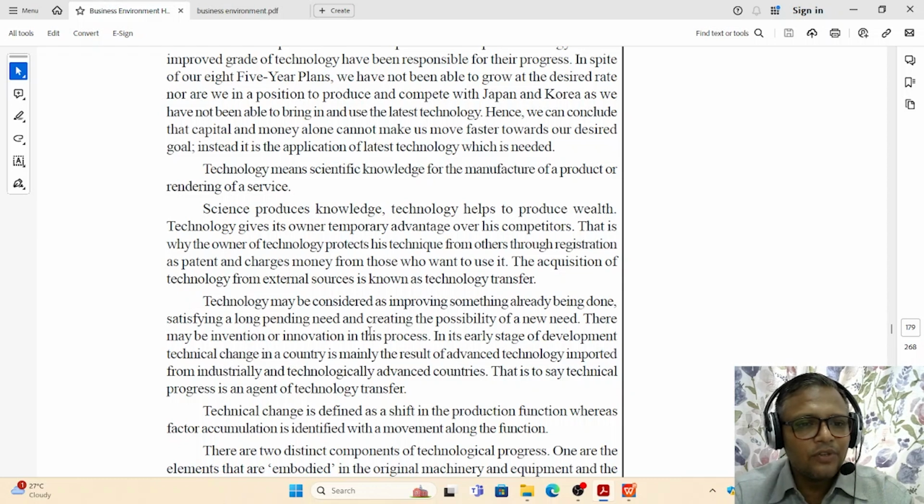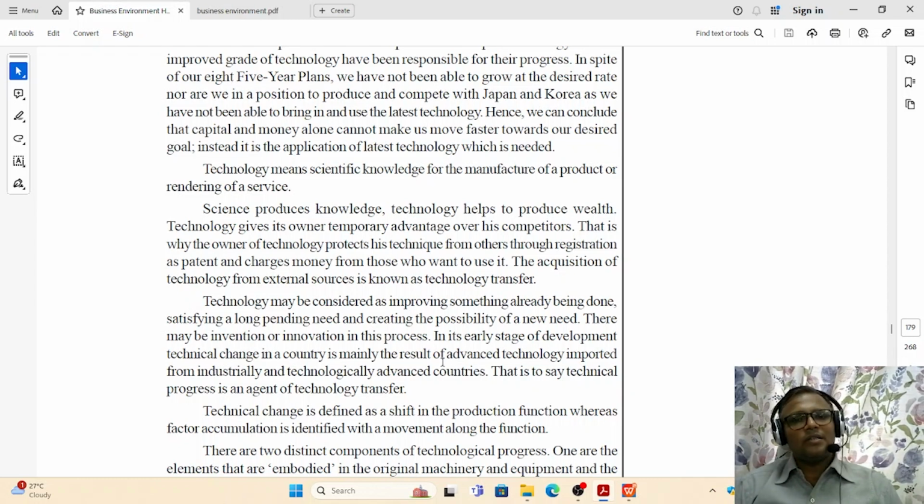The acquisition of technology from external sources is known as technology transfer, and technology may be considered as improving something already being done. It is satisfying a long-pending need and creating the possibility of a new need. It may be an invention or innovation in the process. It is in the early stage of development.